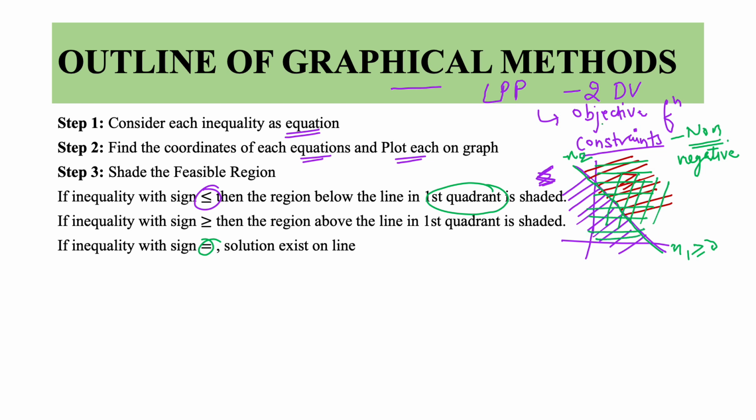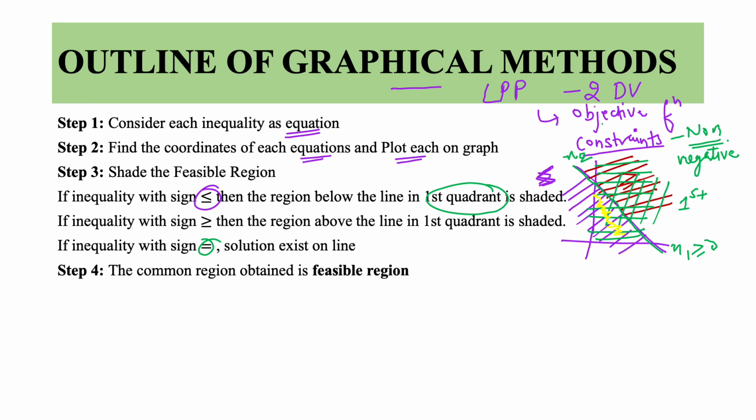So basically we will work in the first quadrant. Next is to find a common region. If I have two or three equations, I should have one common region. That will be my feasible region.